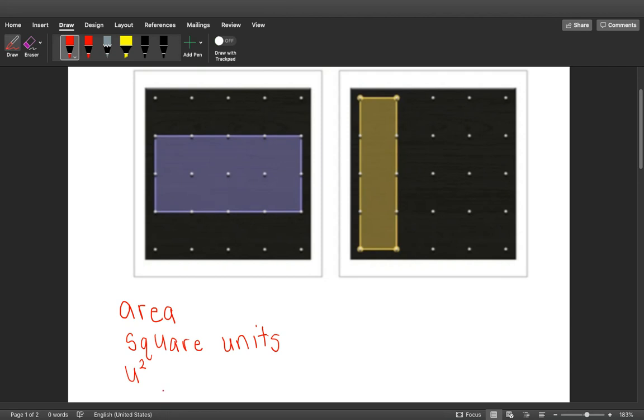You might also talk about the shape, or let's even use a better word than shape, and let's say polygon. And we could also use the word quadrilateral. You might use the word rectangle or maybe square.